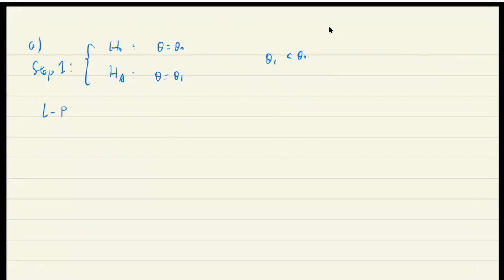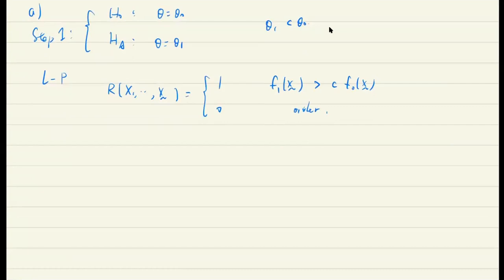Then what we want to do is the rejection region should be f1 greater than constant times f0, and it's on the out case. Then we want to find c.